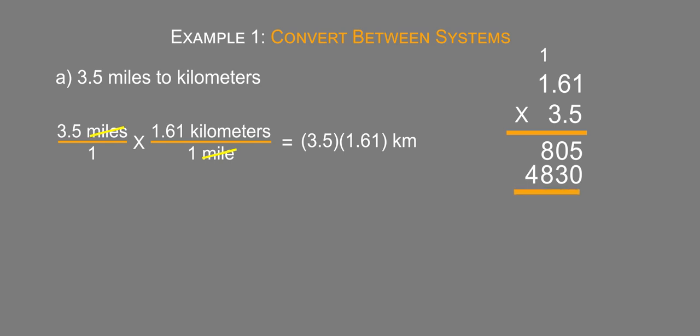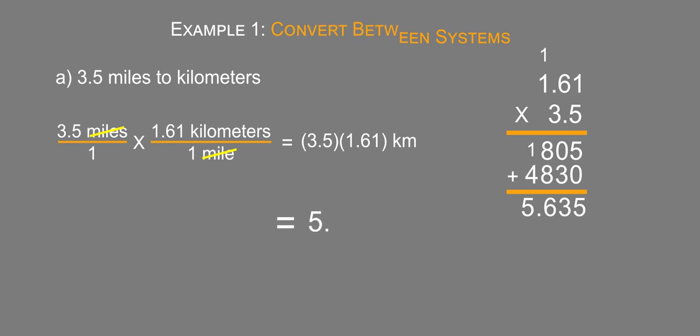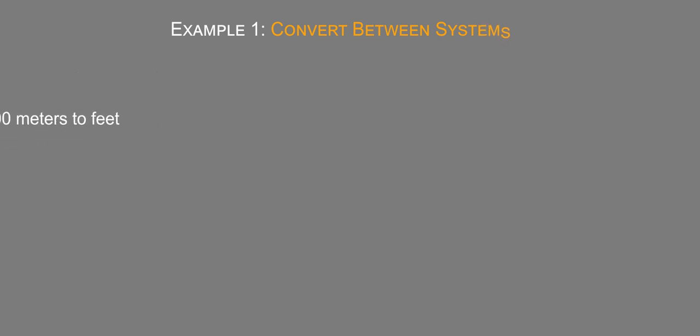Then we add these: 5, 3, 16, 5. There were 3 decimal places, so we move over 3 places, so it's 5.635. We're asked to round to the nearest hundredth, so this would be 5.64 kilometers.